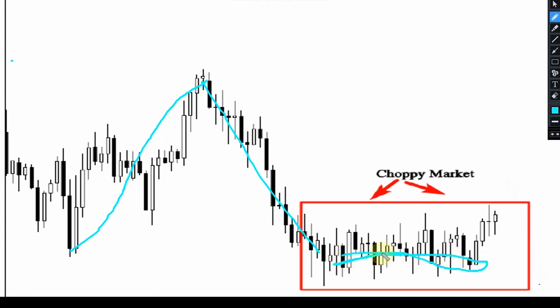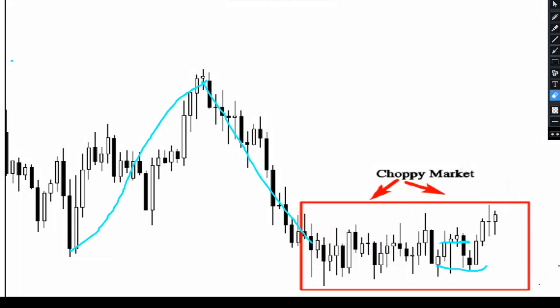There's no way you can trade this type of market and make any money, especially if you are trading 1 hour, 30 minutes, 15 minutes, and thereabouts. It is not advisable to trade any of this consolidation area on a lower time frame. I promise you, you're going to lose a lot of money.